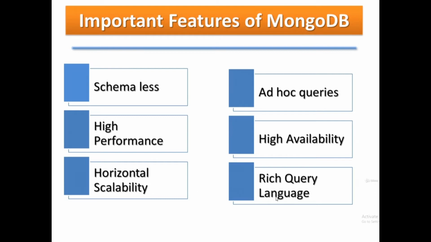The next feature is rich query language. MongoDB has a rich query language. It supports all CRUD operations: creating collections or databases, retrieving data from the database, update, and delete operations. The query language also provides text search and aggregation features.